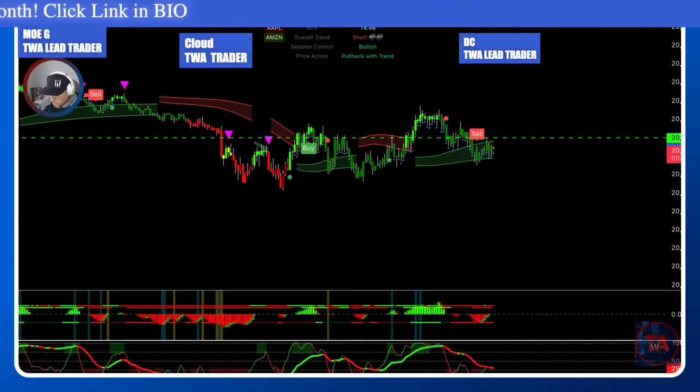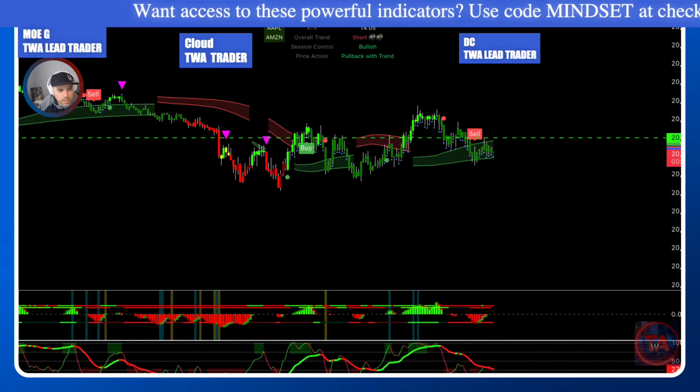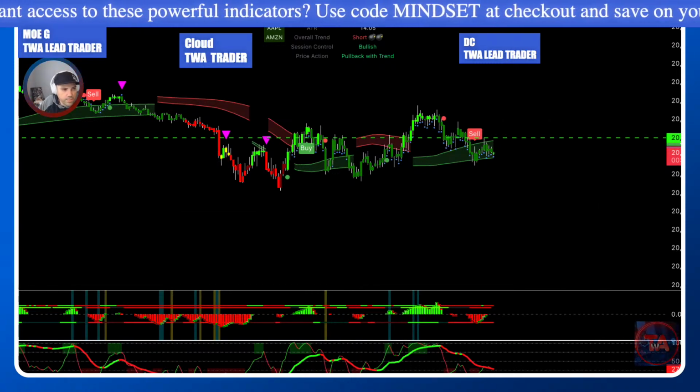I still like the longs though, only because of what I'm seeing on my chart. But with the new 4 hour coming out soon, I wouldn't even take another set of trades right now unless you're already in a trade.